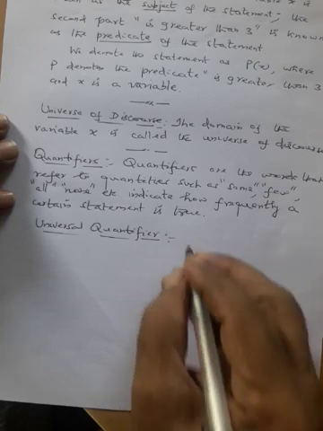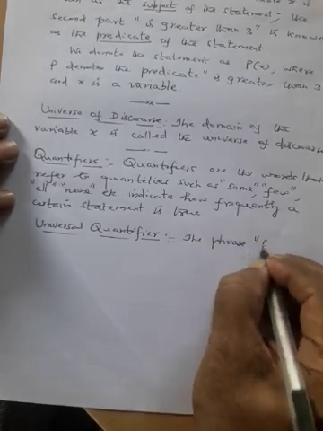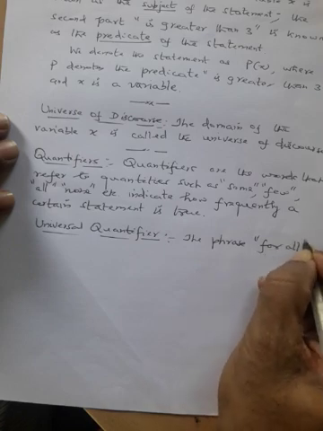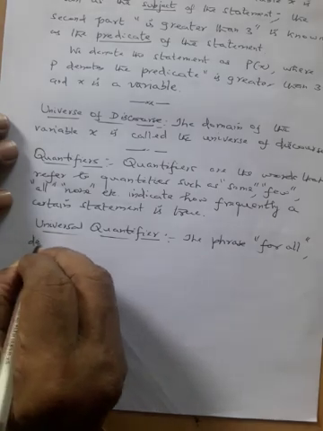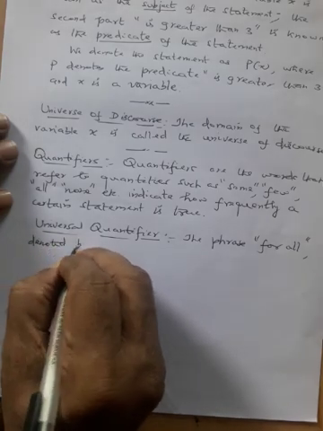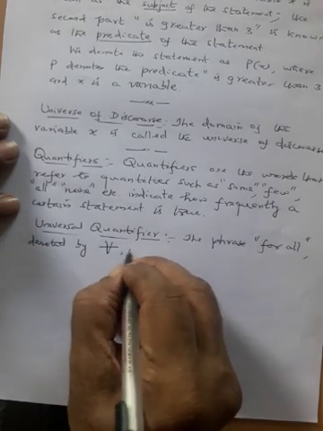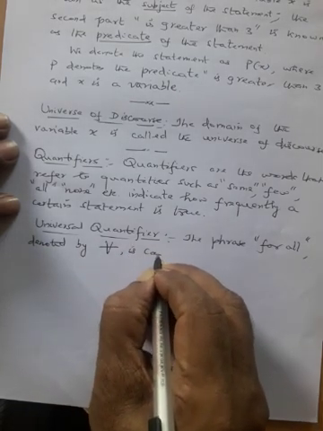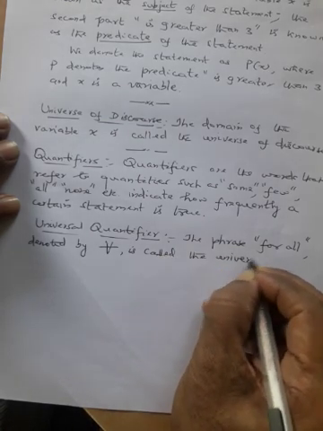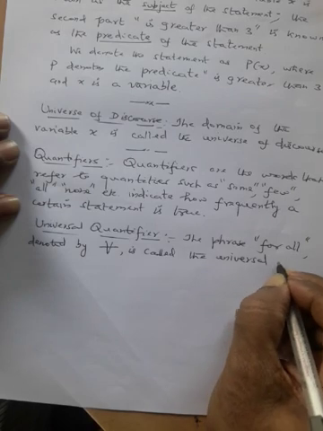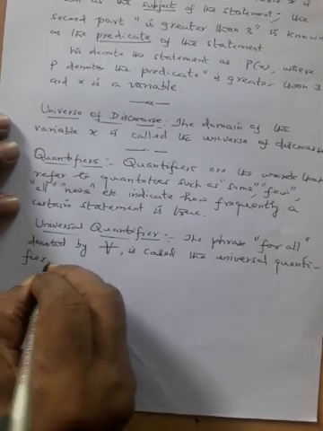The phrase for all, denoted by this symbol, is called the universal quantifier.